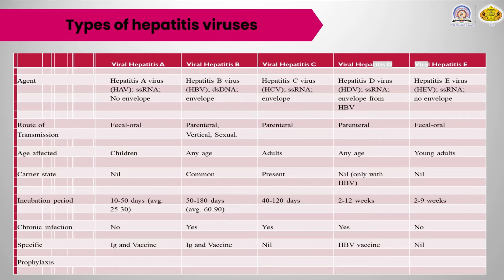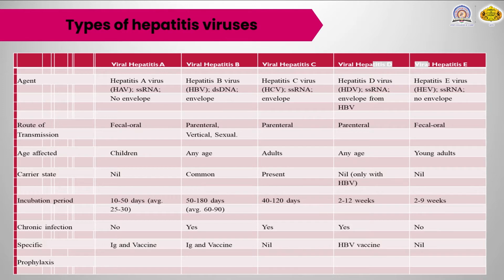Moving on to hepatitis B virus, it is a double-stranded DNA virus which is enveloped. Hepatitis C virus is a single-stranded RNA enveloped virus. Hepatitis D is again a single-stranded RNA enveloped virus, and hepatitis E is a single-stranded non-enveloped virus.